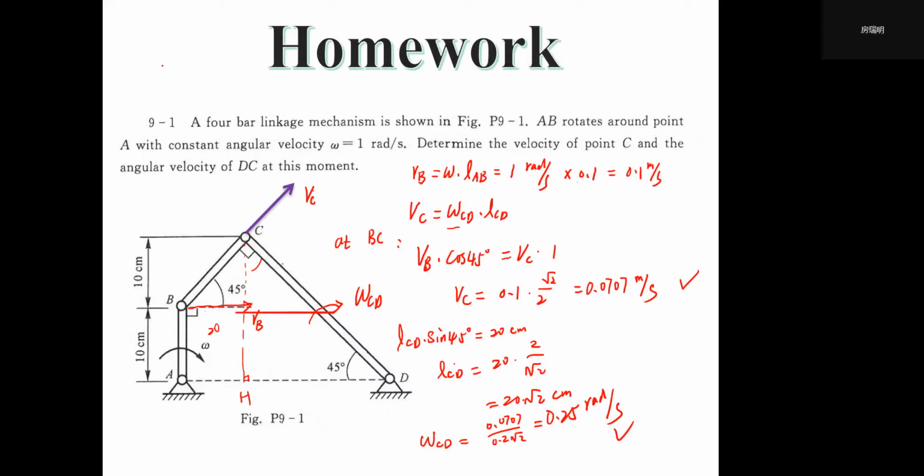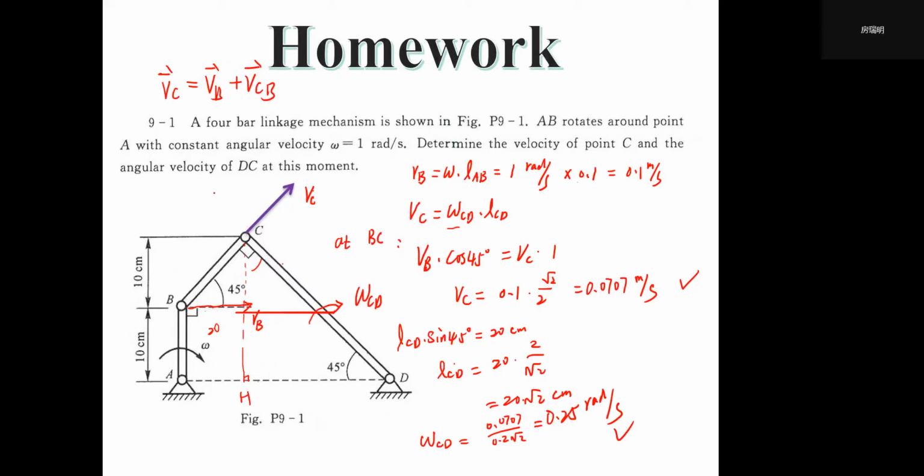So if we try to find the velocity of point C, we can use B as the pole point. Do you still remember? Actually, we have VC equals pole velocity VB plus VCB, right? Do you guys still remember this expression?